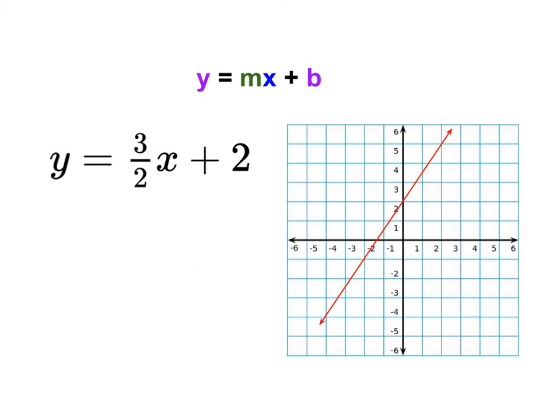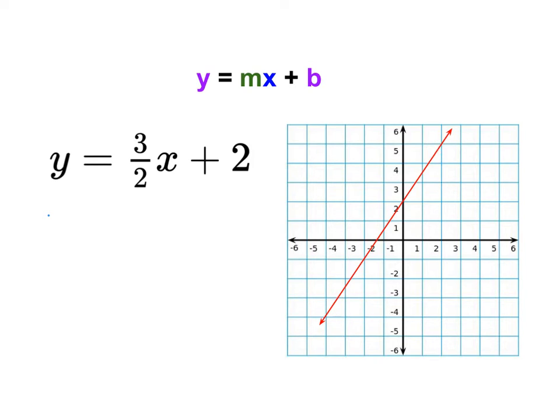All right, let's look at an example of a line written in slope-intercept form. I have the equation y is equal to 3/2 x plus 2. And when I graph it, it looks like this.